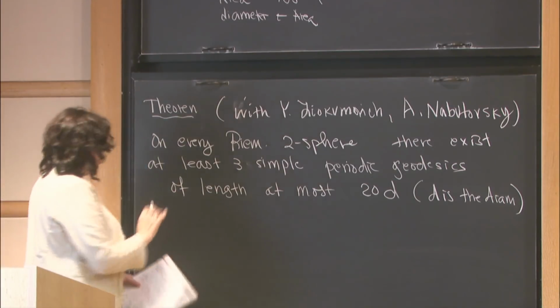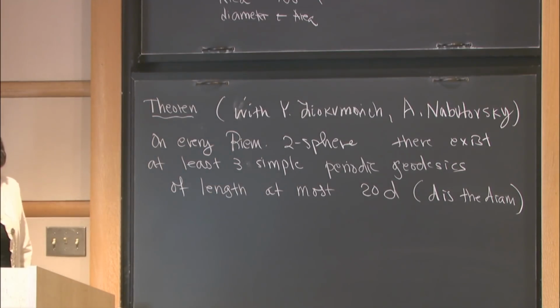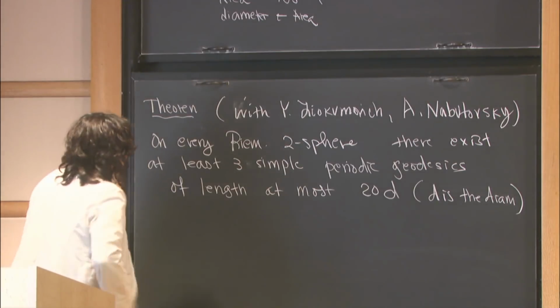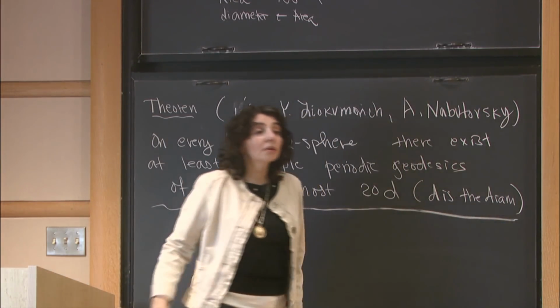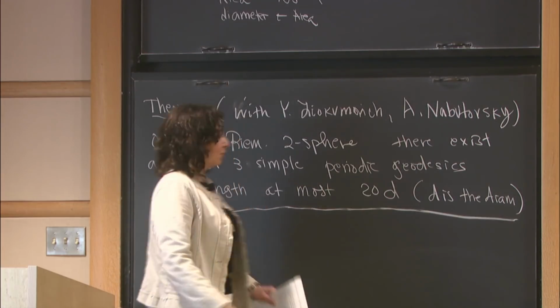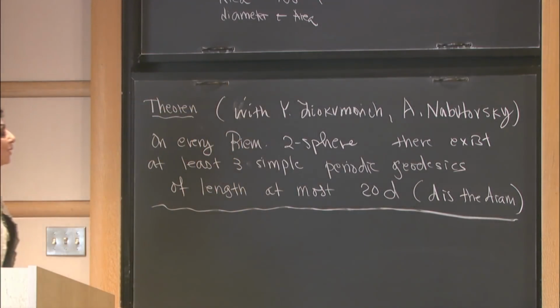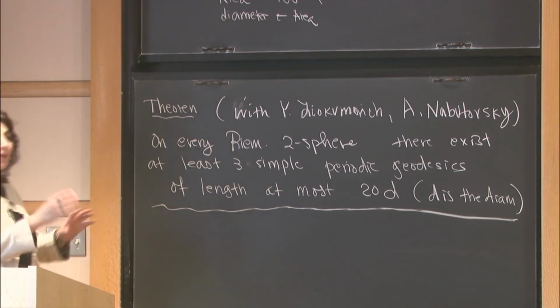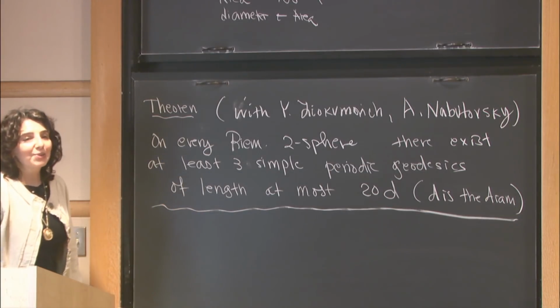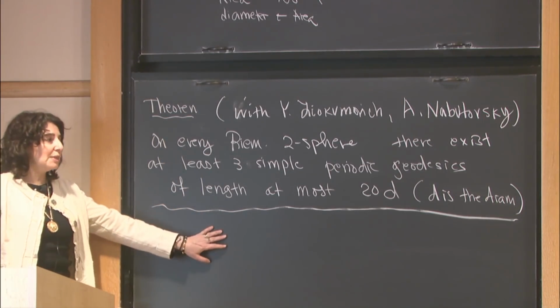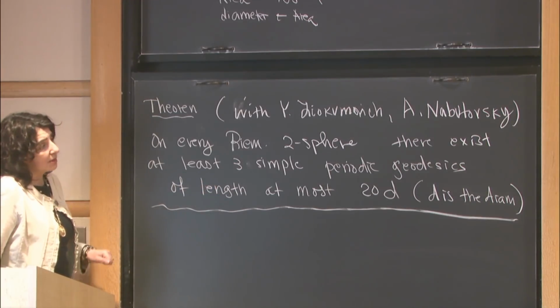Okay, so let me just briefly discuss the history. It's a short history. No, no long history. So it is a long history, though. Okay, well, I'm going to give you the brief version of this long history. So I'm going to simply begin with a result of Croke.